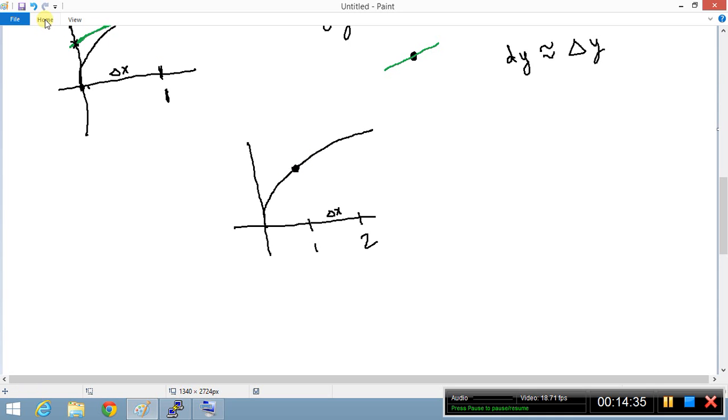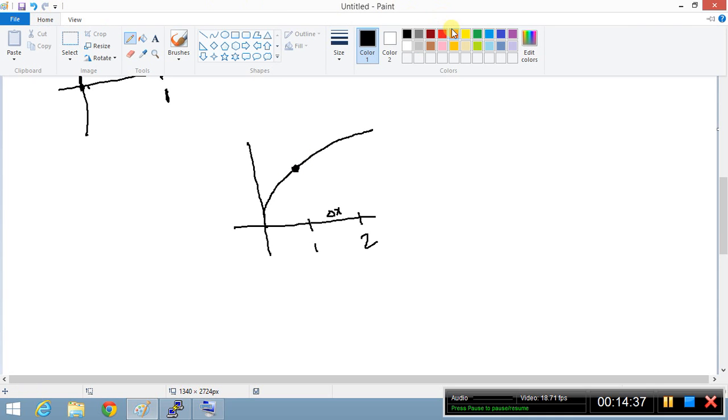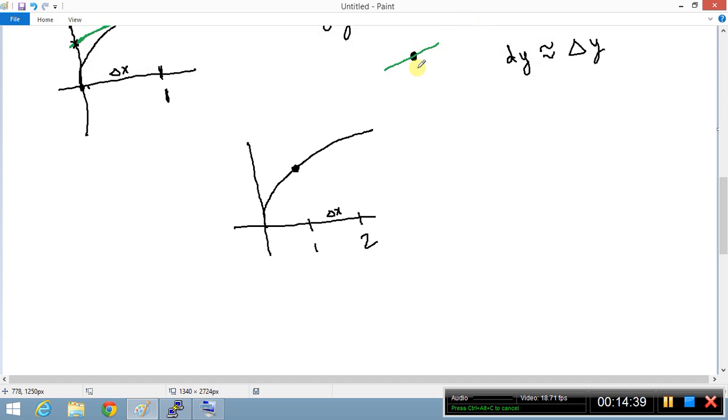The tangent line, I'm going to draw the same way here. Tangent there. But as you can see, the tangent line is only good as long as you're close to 1, and then it deteriorates.